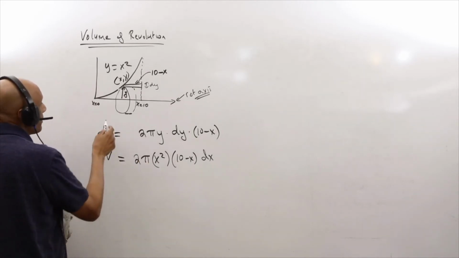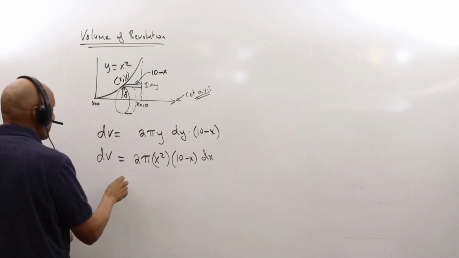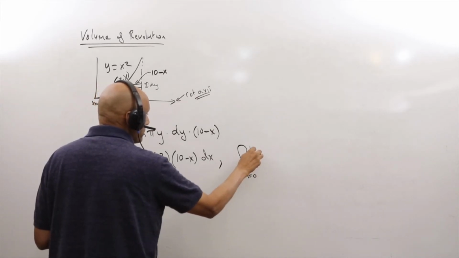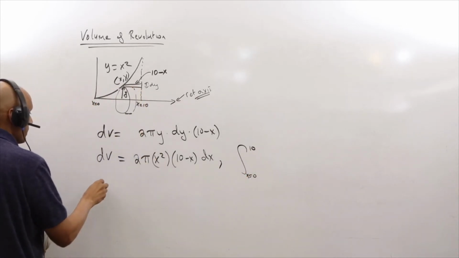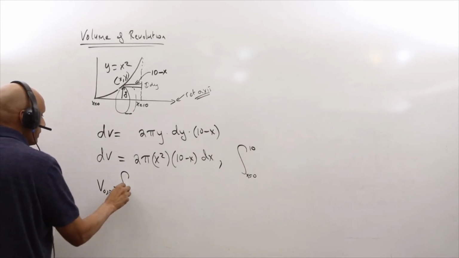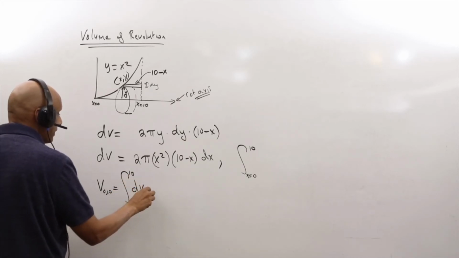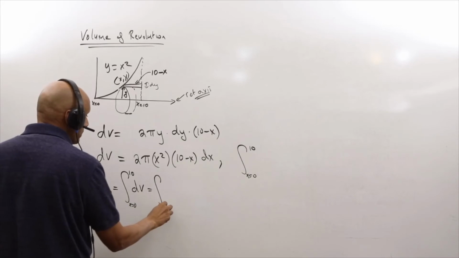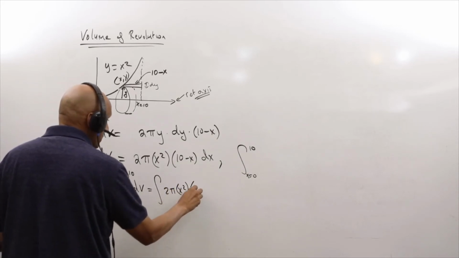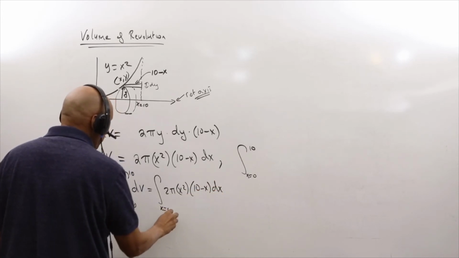Basically, I'm going to take x from 0 to 10, so I'm going to multiply by an integral operator from x is equal to 0 to 10, and we start integrating. The volume from 0 to 10 is given by the integral of dV taken from x is equal to 0 to 10, which is equal to the integral of 2 pi x squared. I'm not going to reduce these because this is just setting up the integral.